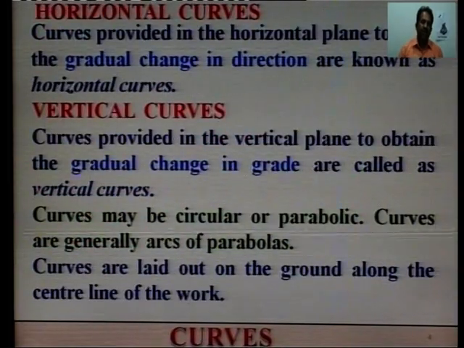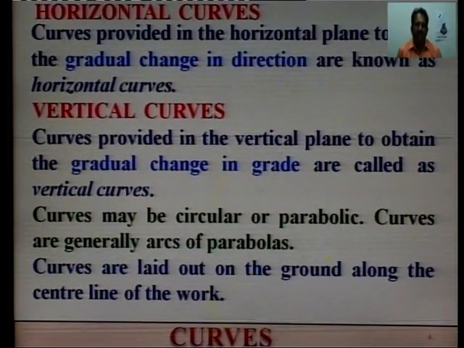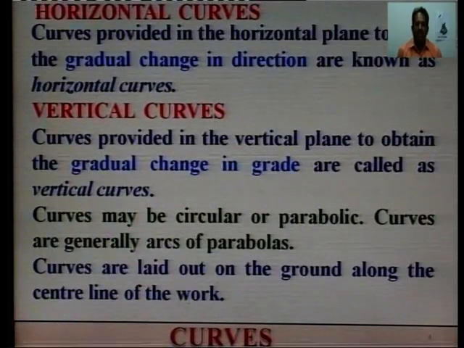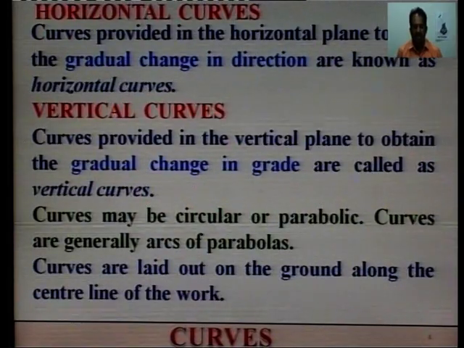Curves are of two types, one is horizontal curves and another is vertical curves. What are horizontal curves? Curves provided in the horizontal plane to have a gradual change in direction are called horizontal curves.